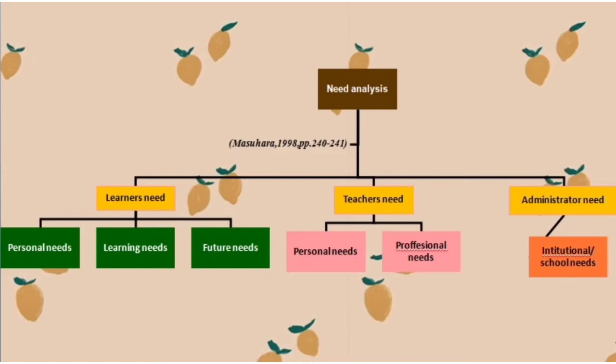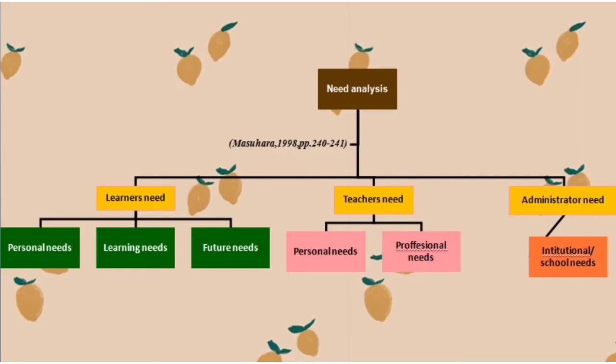From this view, we can see that the needs analysis is grouped into three parts. The first is the needs of students. In this need, there are three branches or divisions of needs incorporated in it, such as personal needs, learning needs, and future needs.